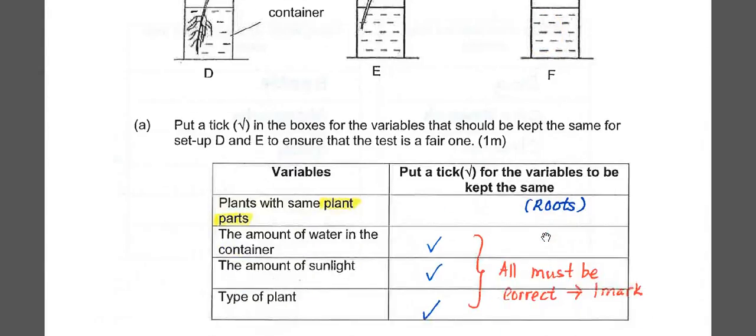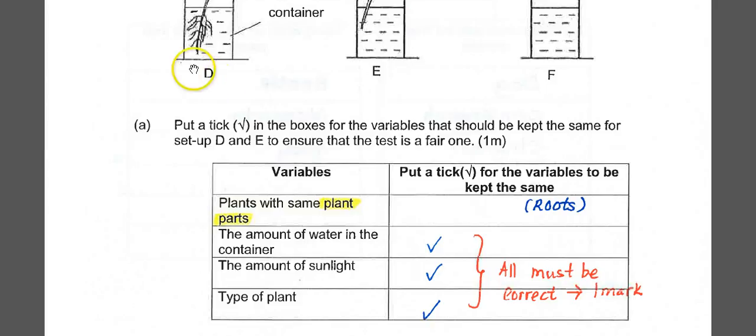Put a tick at the boxes for the variables that should be kept the same for setups D and E. Now, the same plant part? No. There won't be a tick here because one of them must have roots and the other plant part doesn't have roots. It means you just cannot have both the same type, right?